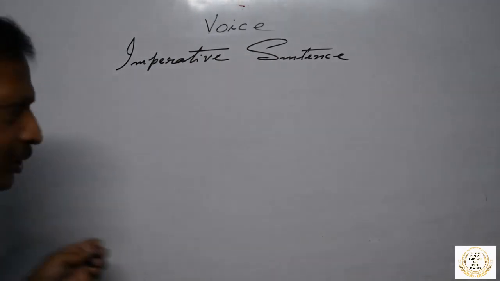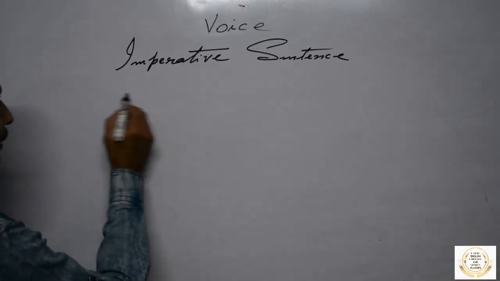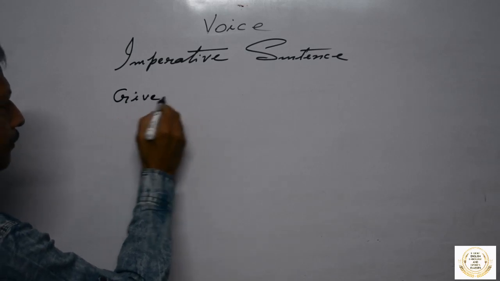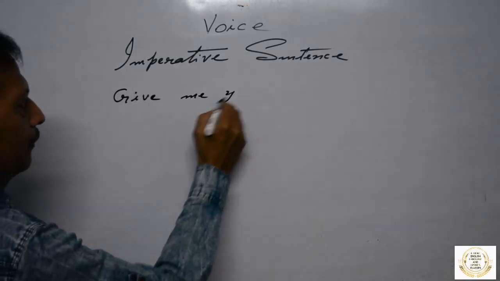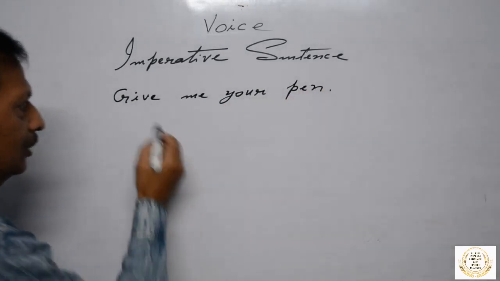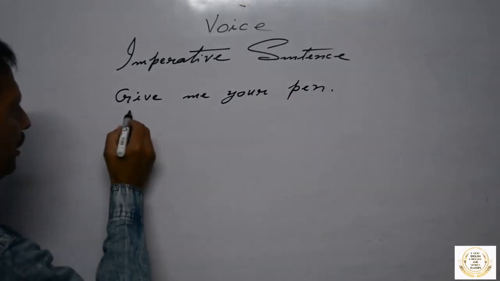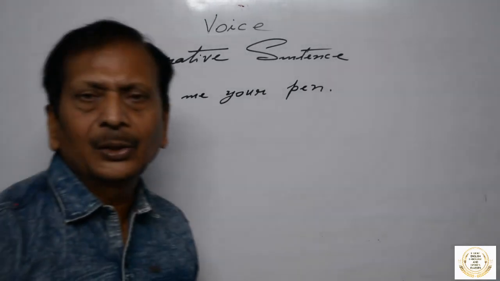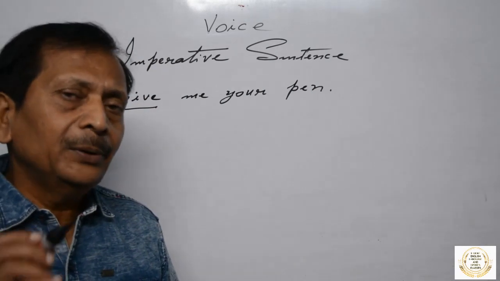Let me write something for you. Give me your pen. This is imperative sentence because it begins with principal verb. Is it okay? So it is easy for you to recognize principal verb.